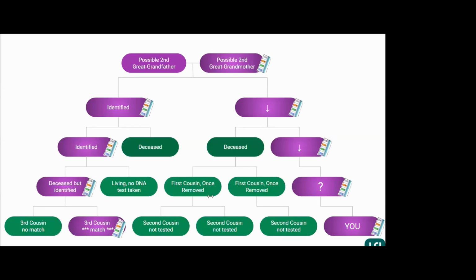But as it turns out, they've got a really good tree on Ancestry that goes back to their second great-grandparents, shown at the top of this tree. Once you know that, you can determine the reason you share 100 centimorgans of DNA with that person is probably because they're your third cousin and you share the same set of great-grandparents with them.